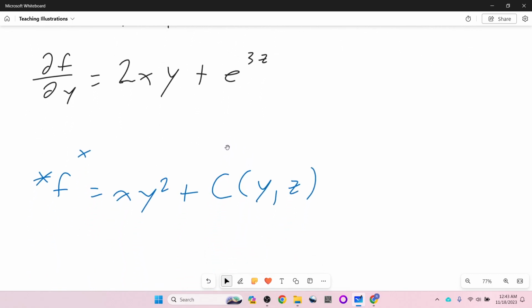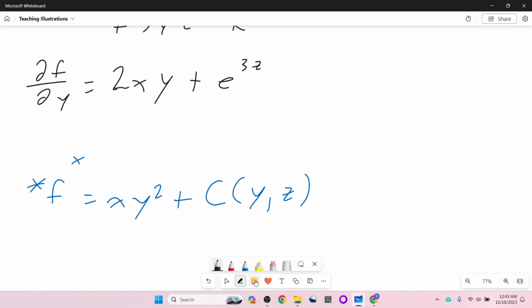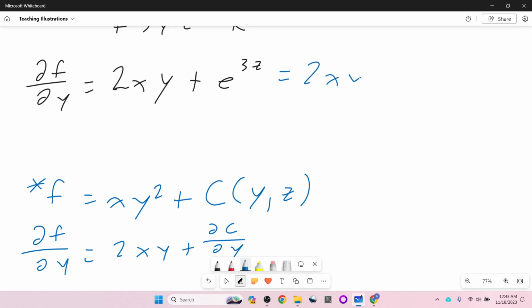So now we'll take the f that we found from the earlier part and do its y derivative. Del f over del y is 2xy plus del c over del y. So we'd set these equal.